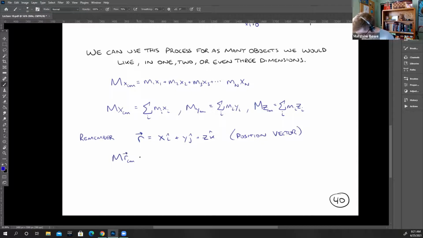That is just mass 1 times position vector 1, mass 2 times position vector 2, and so on. This just becomes a summation of however many things I want to find in 3 dimensions.